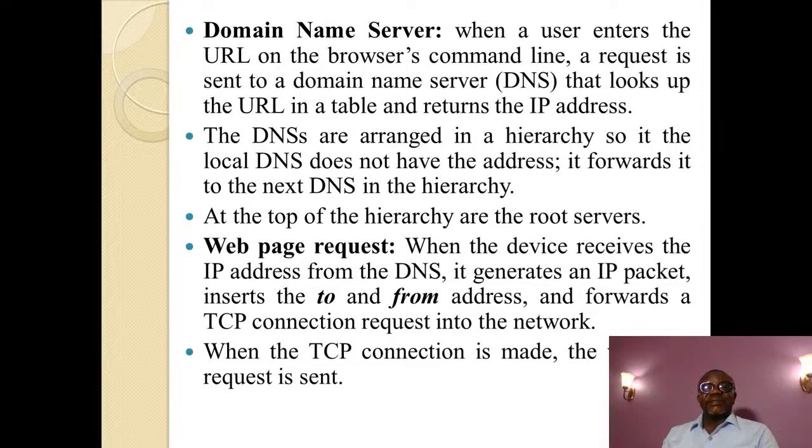The DNS servers are arranged in a hierarchy. If the local DNS does not have the address, it forwards it to the next DNS in the hierarchy. At the top of the hierarchy are the root servers.